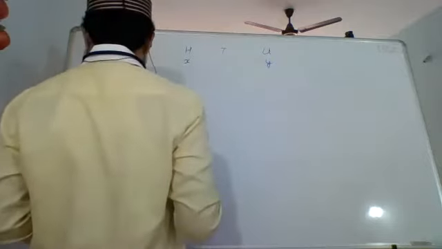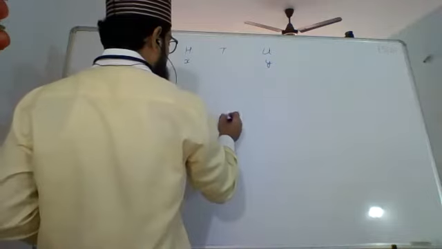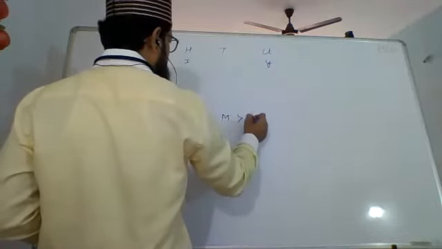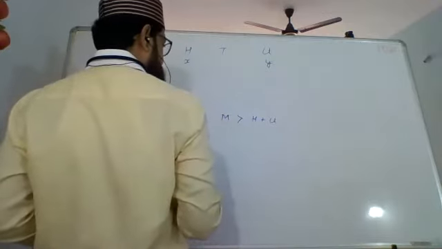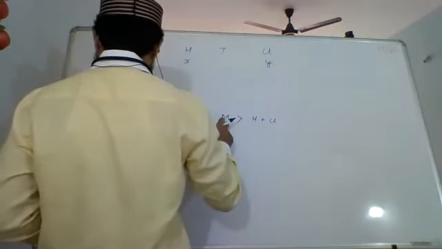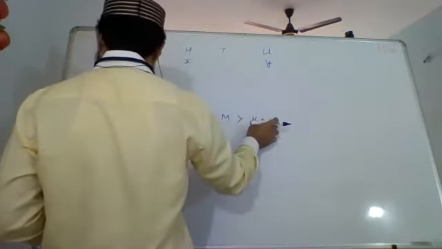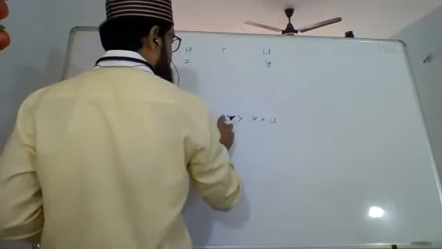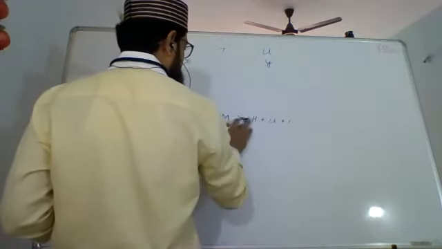So what is the middle digit? Sum of the extreme digits is less. That means middle digit is greater than h plus u, isn't it? The sum of the extreme digits, hundreds and units, is less than the middle digit by 1. ये एक से कम है, मतलब इसमें एक ऐड करो तो ये इक्वल हो जाएगा.